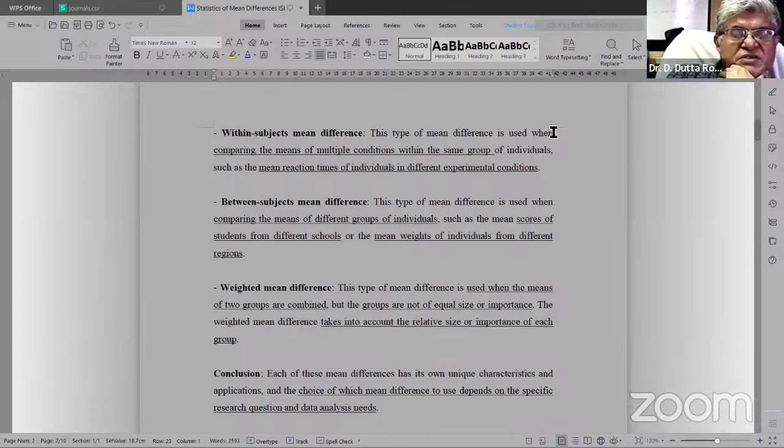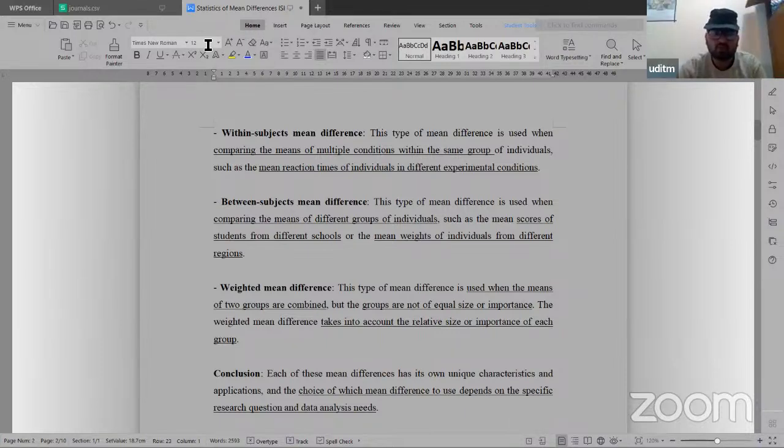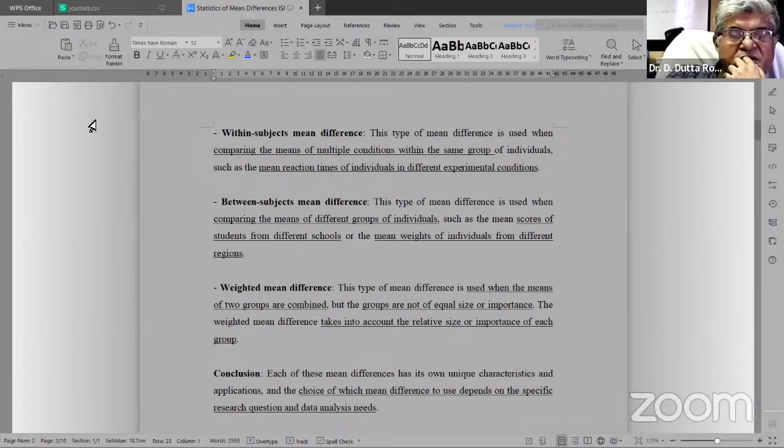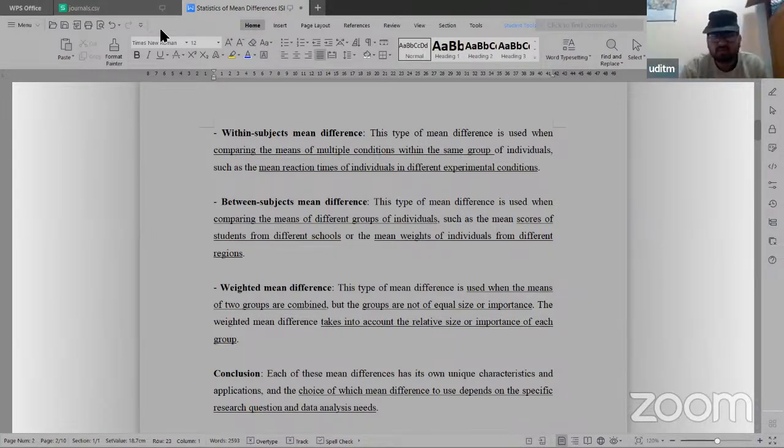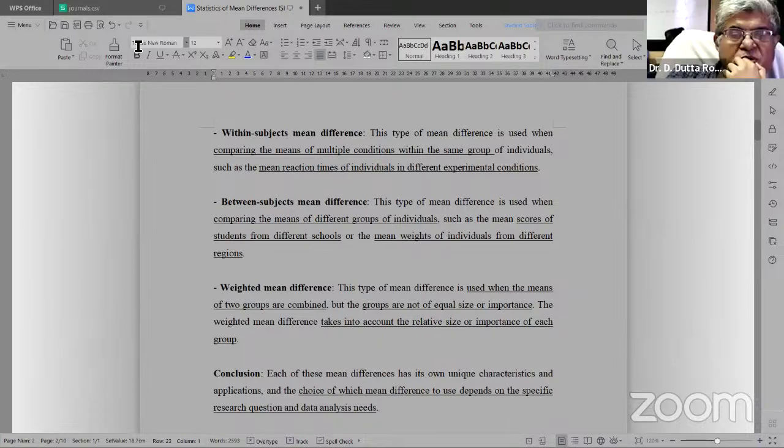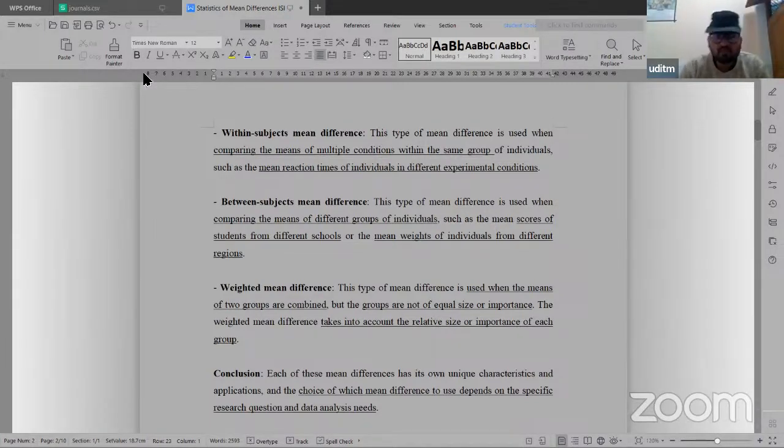So this between subject mean difference, you are mainly talking about the ANOVA. Yes, sir. I don't have an exact idea about ANOVA right now, sir, but it may be. Because you have written that when comparing the means of different groups of individuals, mean scores of students from different schools, or the mean of individuals from different regions, it is very much related to the ANOVA.